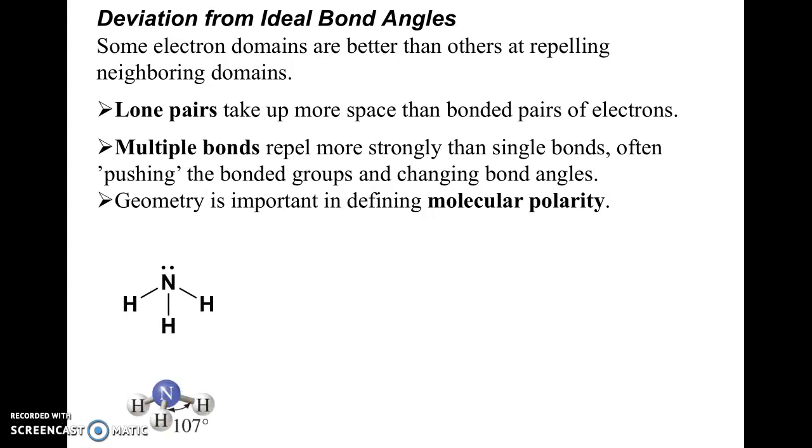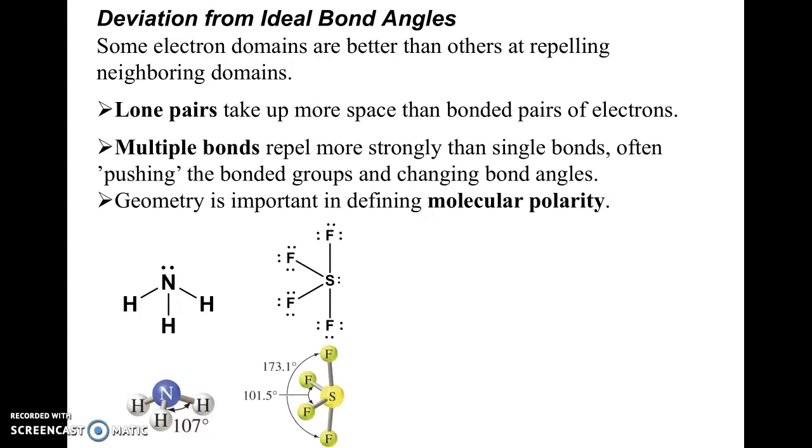And so I have some examples here. Ammonia, the angle, it came from a tetrahedron, 109.5, but we get 107 instead. Those bonds have been pushed down a little bit harder. The next one is SF4, and where we expect it to be 180 degrees from the top to the bottom, it's 173.